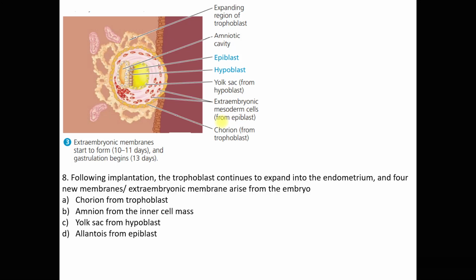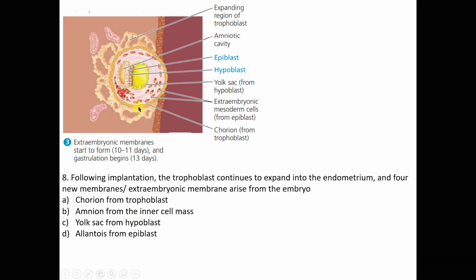These four new membranes, or extraembryonic membranes, they are the chorion. This is the chorion. Initially it was here, right? You have the trophoblast here. From here the trophoblast expands and eventually forms these four new membranes.